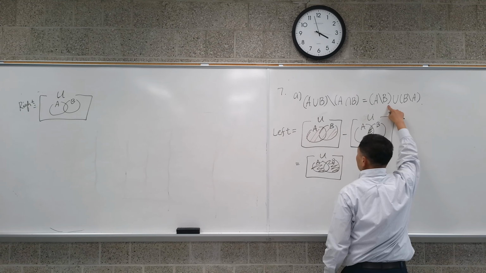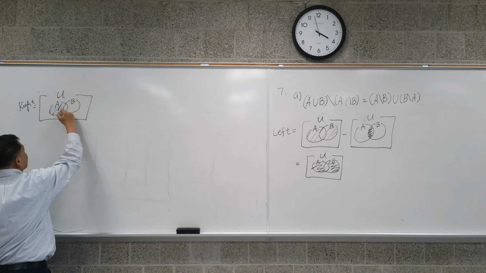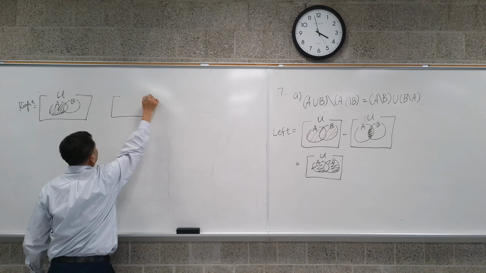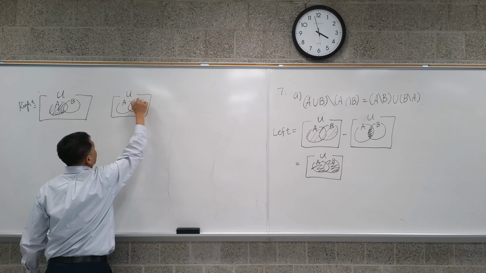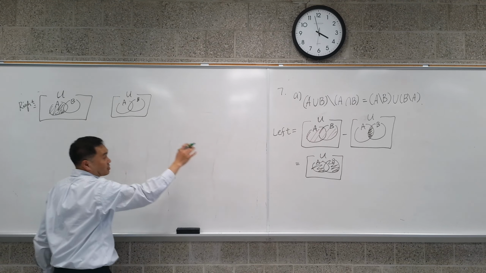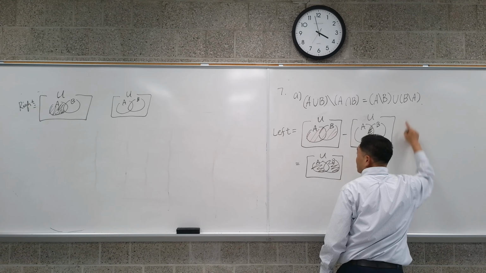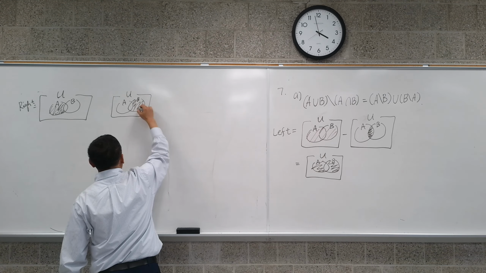A subtract B, right? A subtract B is this one here. And then what's the other guy? B subtract A is the other guy, right? B slash A means you subtract away A from B. So this is what you get.